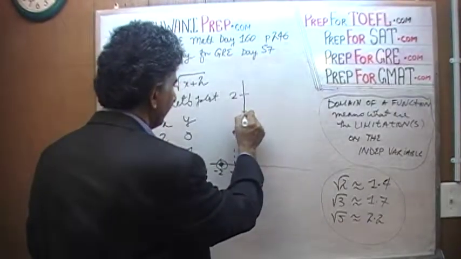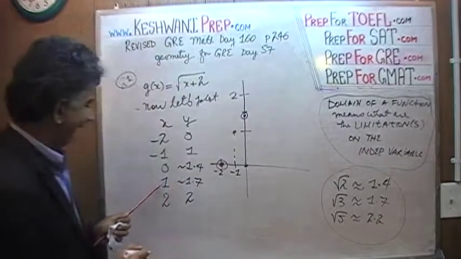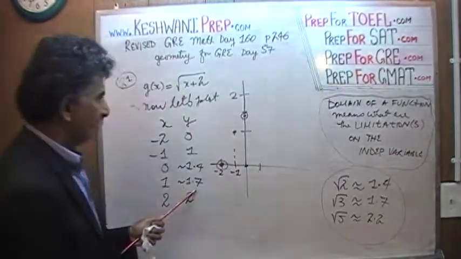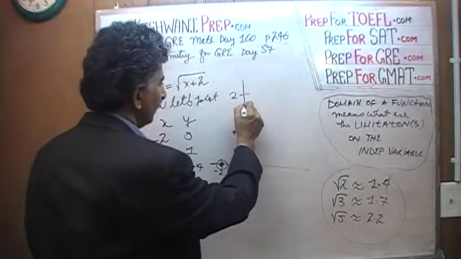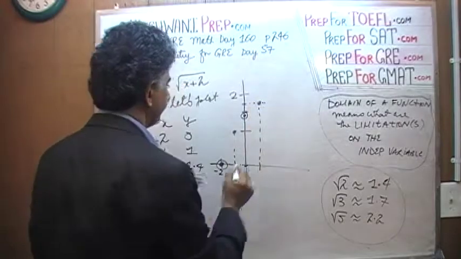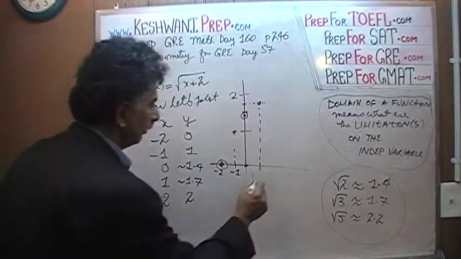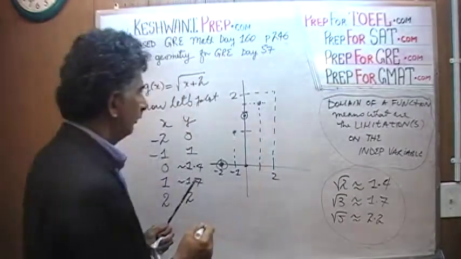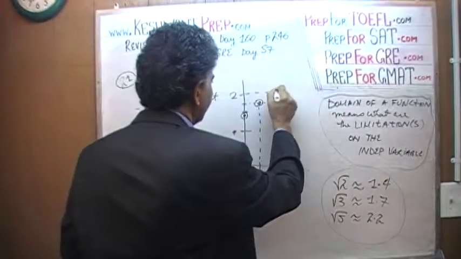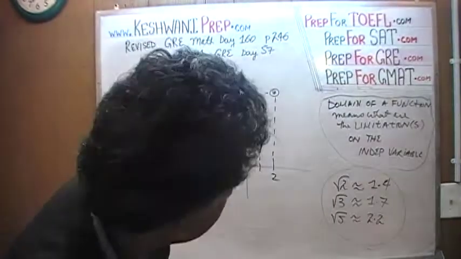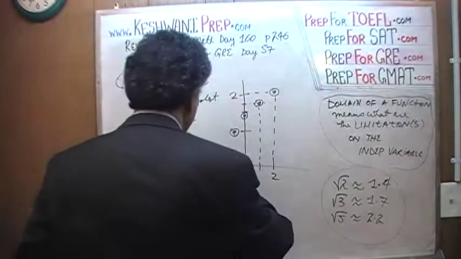This is 1.5, so it's somewhere here. When x is 1, y is 1.7. This is 1.5, this is 1.75, so it's somewhere around here. When x is 2, y is 2. Let's see what this graph looks like. It looks something like this.